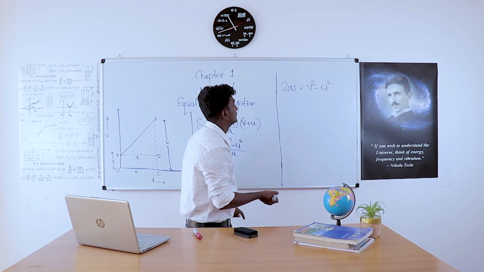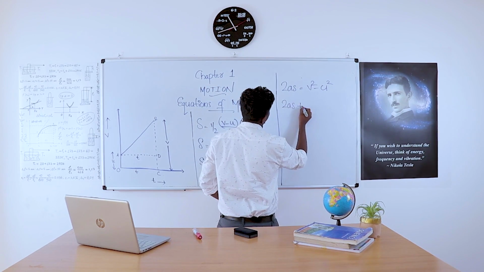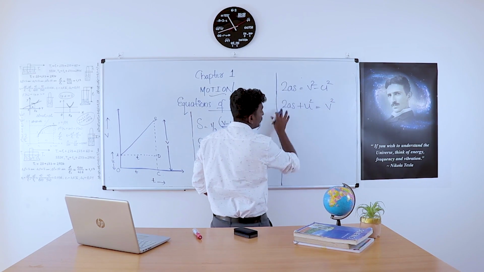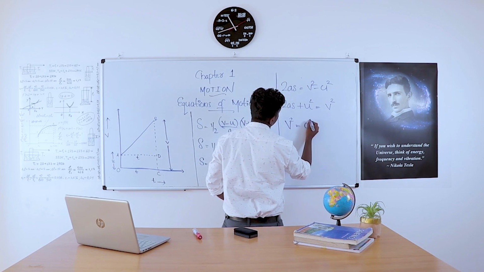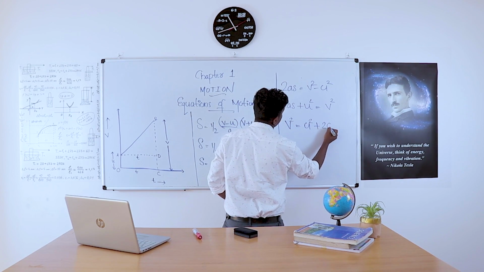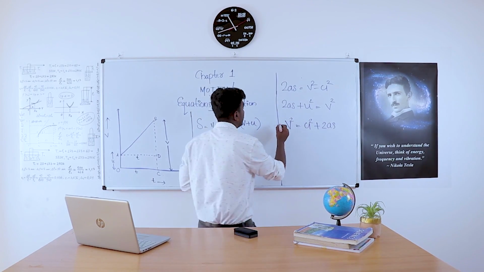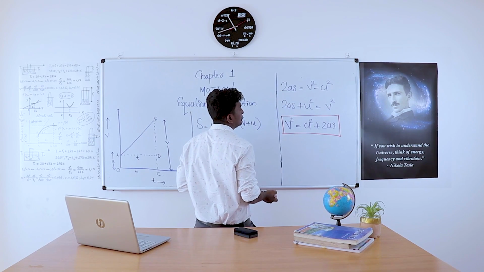Then it becomes plus u square. That is 2aS plus u square is equal to v square. On rearranging this, we get v square is equal to u square plus 2aS. This is the third equation of motion.